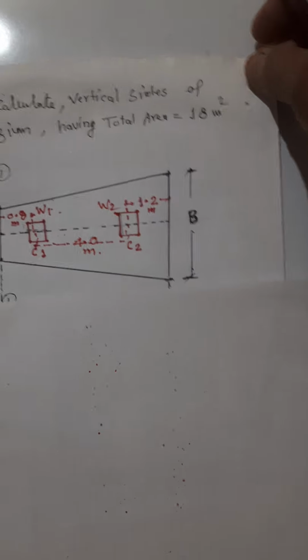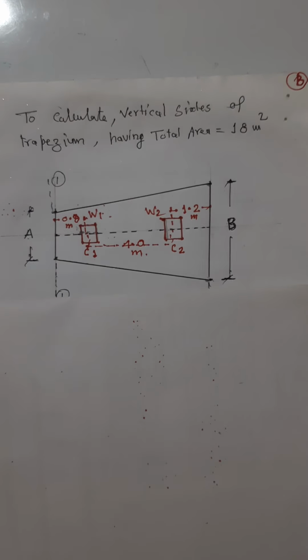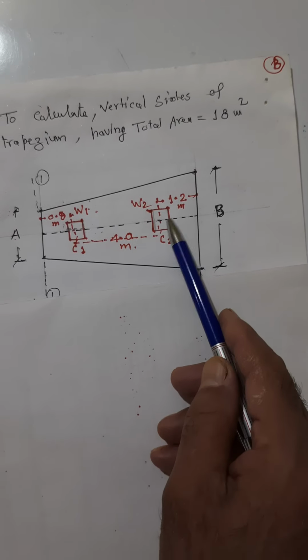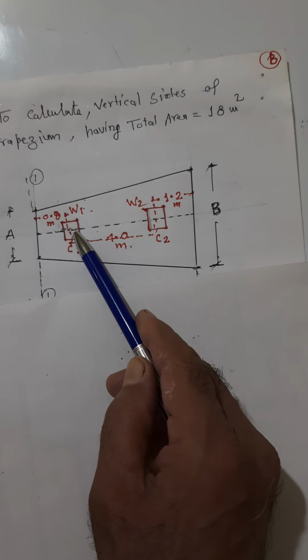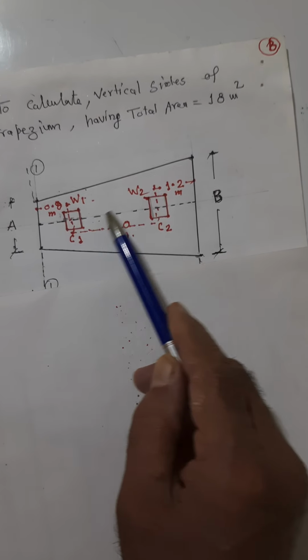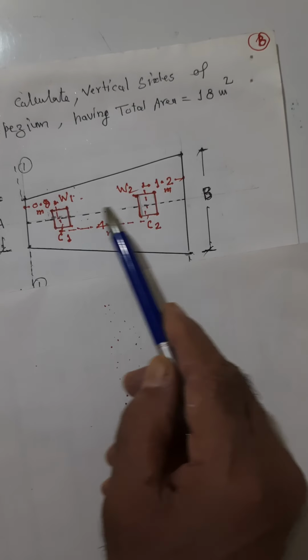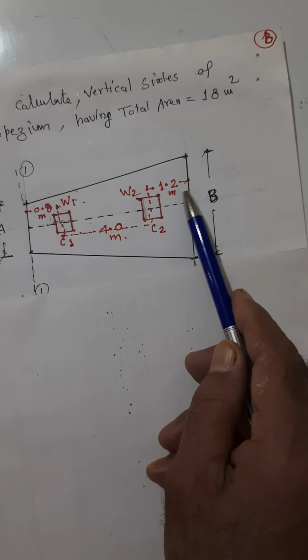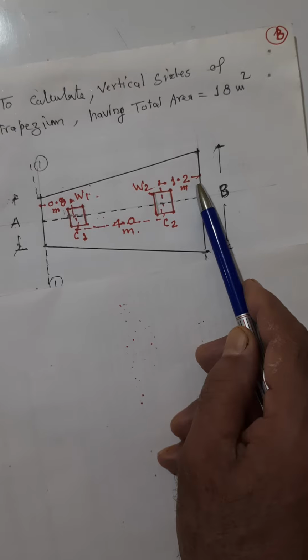and that can be seen over here. This is column C1, this is column C2, having loads of 800 kilonewton and 1200 kilonewton. The center to center distance is given as 4 meter. This distance is 0.8 meter, and this distance is given as 1.2 meter.